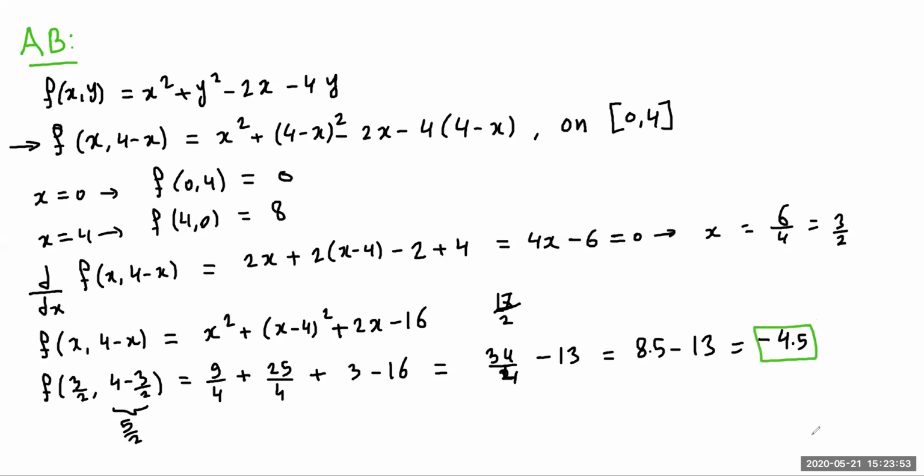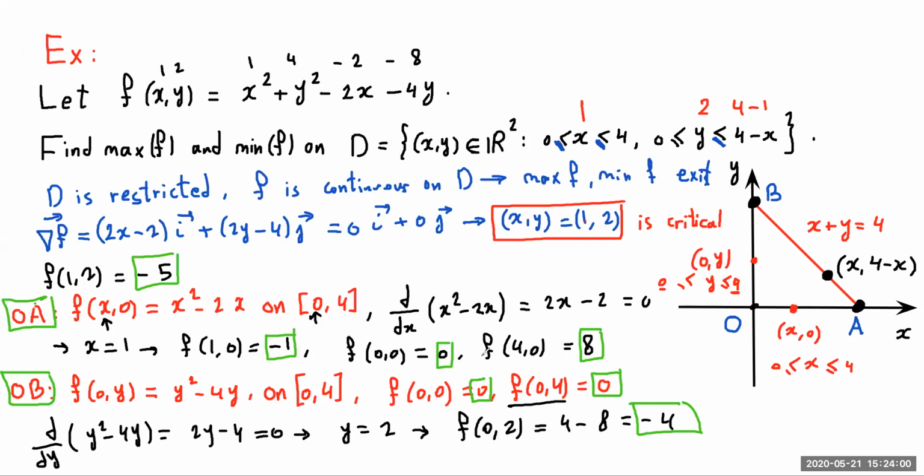So now after all of these calculations, let's go back here to see what was the maximum and minimum. So minus 5 here, this is the minimum of the function f. And 8 here is the maximum of the function f.